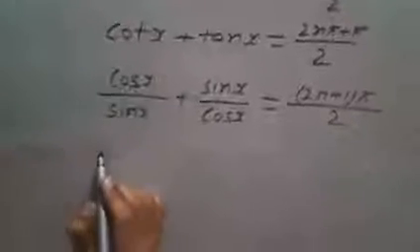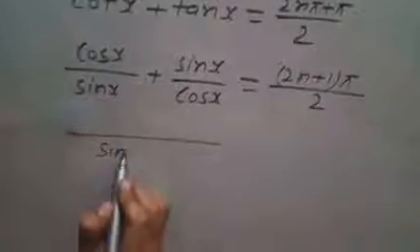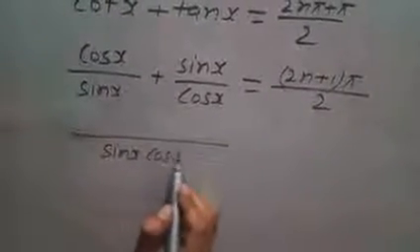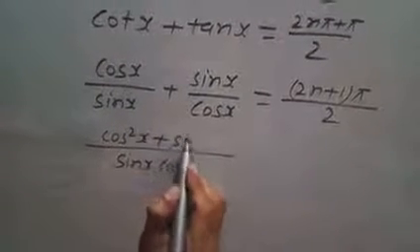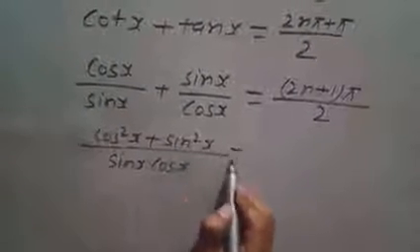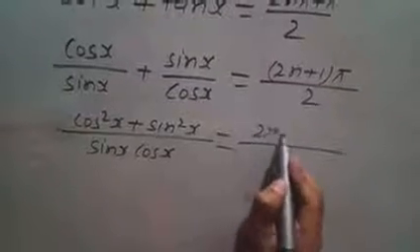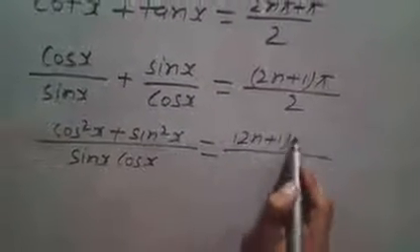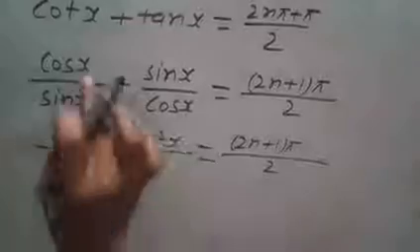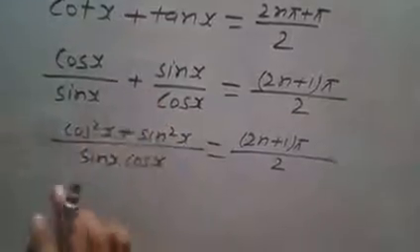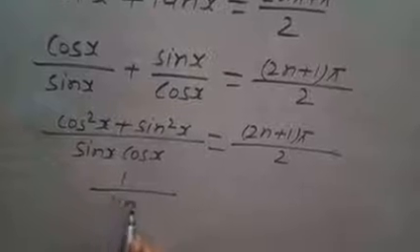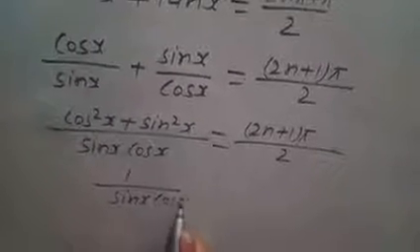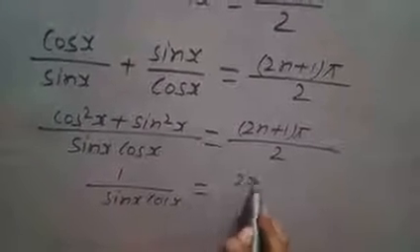Now if we take sin x cos x as the LCM, in the numerator we can write cos square x plus sin square x. Here cos into cos is cos square x, sin into sin is sin square x, and we know that cos square x plus sin square x is equal to 1. So 1 upon sin x cos x is equal to 2n plus 1 pi by 2.